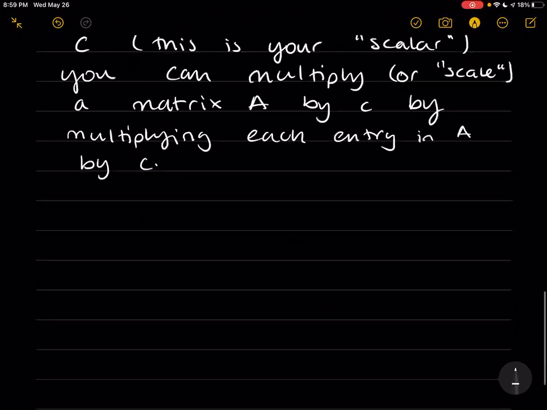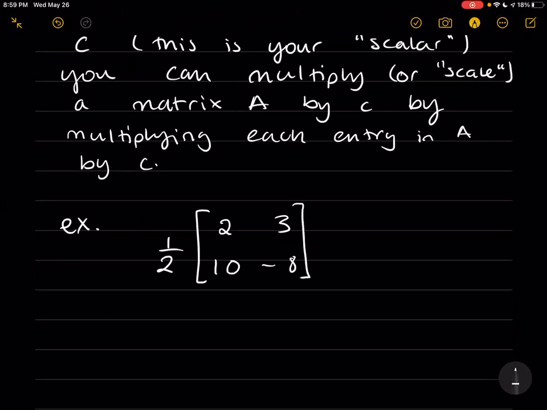So for example, let's say C was like 1/2, right? And let's say we wanted to multiply or scale the matrix 2, 3, 10, -8 by 1/2. All we would do is multiply each of the entries by 1/2.